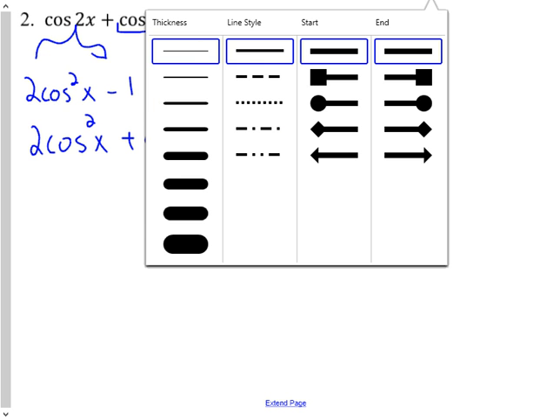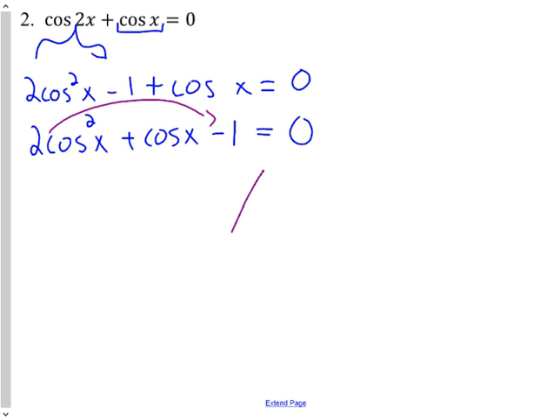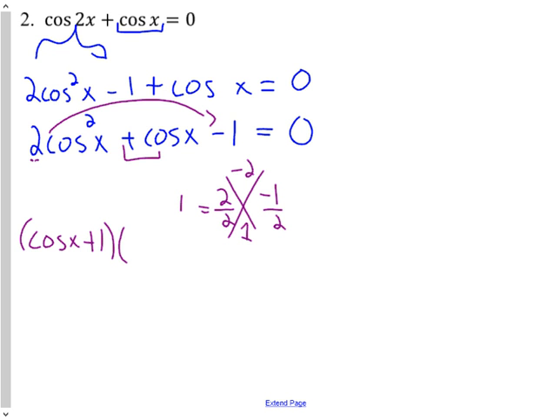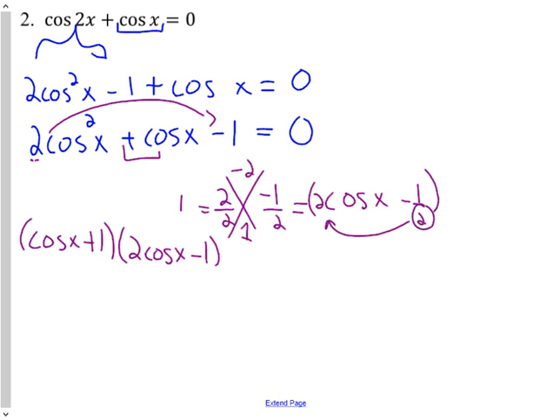So numbers that multiply to equal minus 2 and add to equal plus 1 are going to be plus 2 and minus 1. And then we need to bring this 2 in front back to give us cosine of x plus 1. And the other one's going to be 2 cosine of x minus 1. Just a reminder, because we can't really have a cosine of x minus half, we bring the 2 up to get 2 cosine of x minus 1.